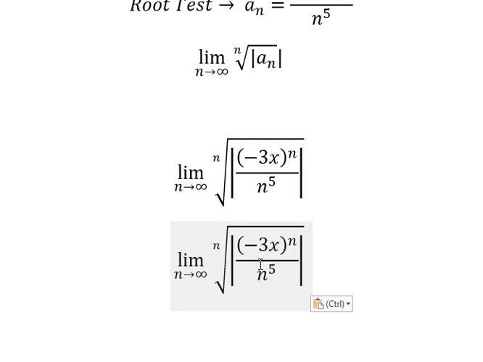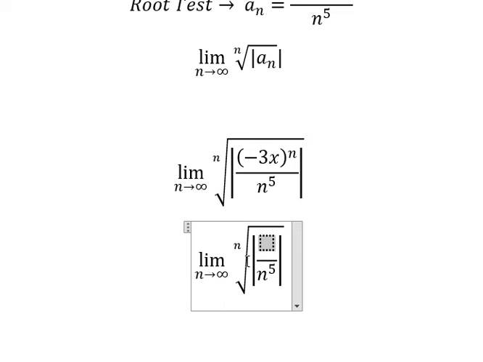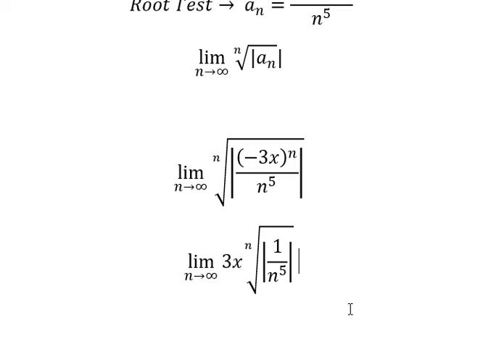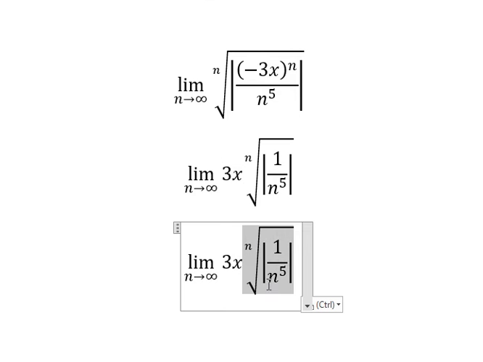Because we have the absolute value, everything in here should be positive. Now we have n and we have the power n in here. We can simplify, and you get this one outside, which should be 3x. Now if we simplify this one, we have only this.